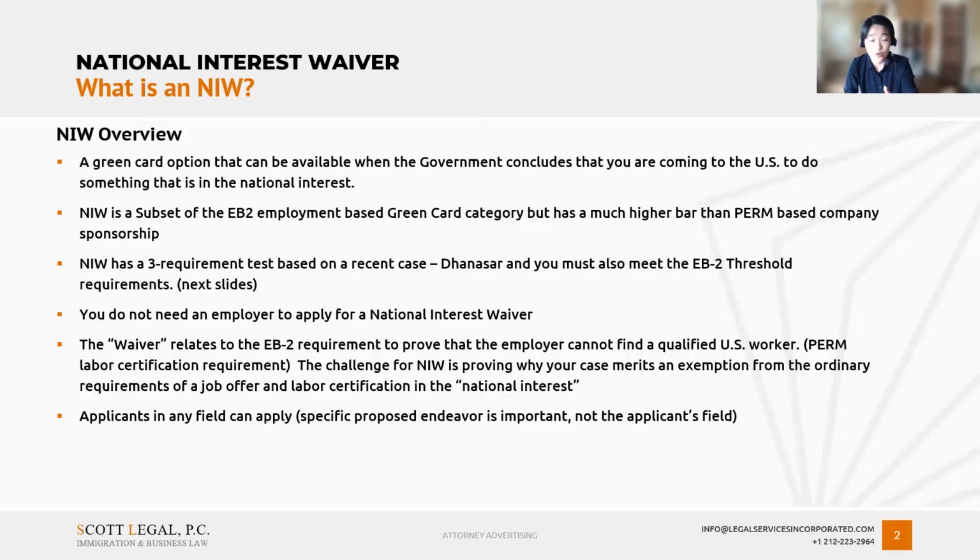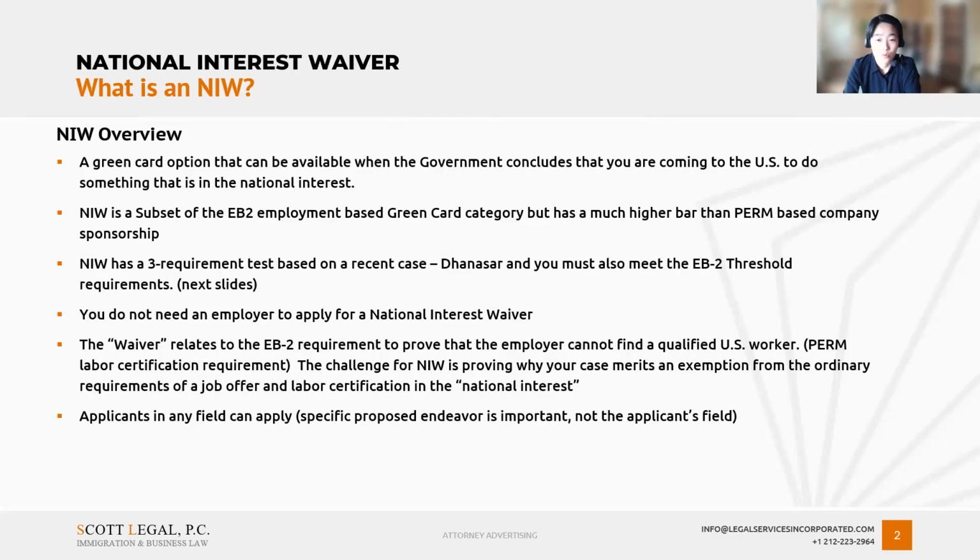But let's say you're working on a project that can have a huge, broad impact to a very important technology for the United States. And if you can show maybe US government agencies are interested in the outcome of this particular research, and if that can really change best practices for the field as a whole, maybe the government can feel that, okay, your particular work will have much broader benefits than what a U.S. worker with minimum credentials can offer.